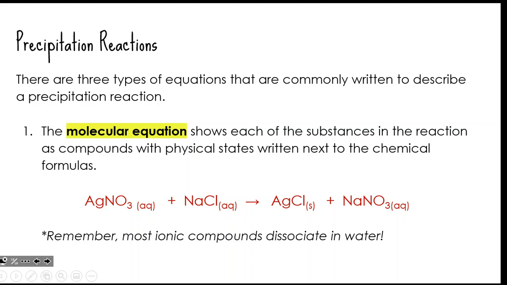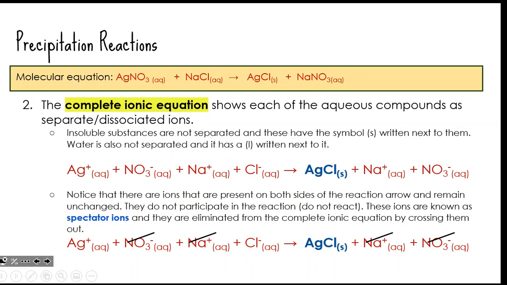So usually for this part, when we're doing double replacement, we write out the molecular. The next is going to be something called the complete ionic. So you write out your molecular and then you look at which ones you need to break apart into their ions.